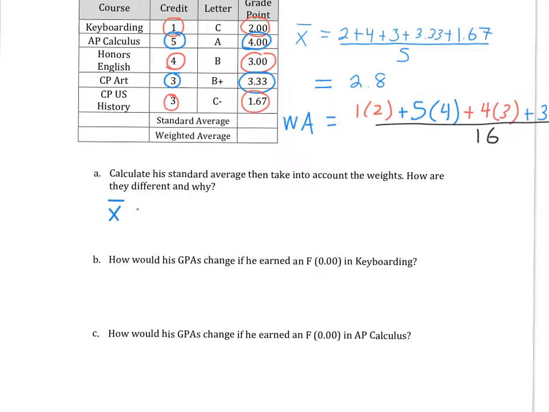The standard average is 2.8. However, the weighted average is going to be approximately 3.06. So notice what this corresponds to. According to the scale in the book, a 2.8 is a B minus, and this here is going to be a B going to a B plus.